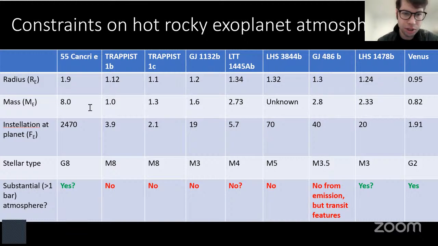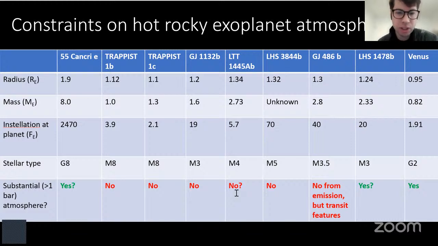So you'll see here I'm just listing their mass, their radius, the bolometric insolation they receive relative to Earth, the stellar type, and whether or not they seem to have substantial atmospheres based on observations so far.